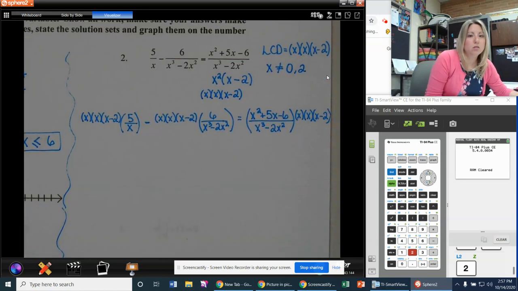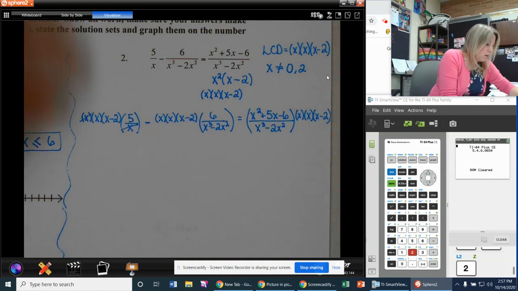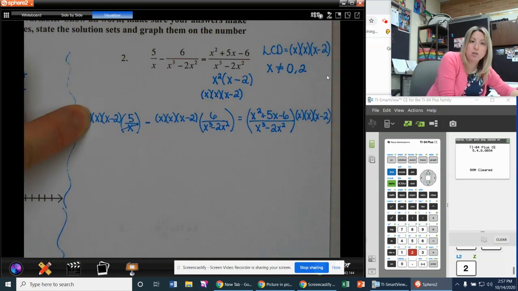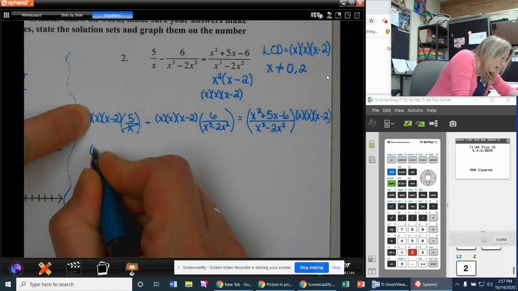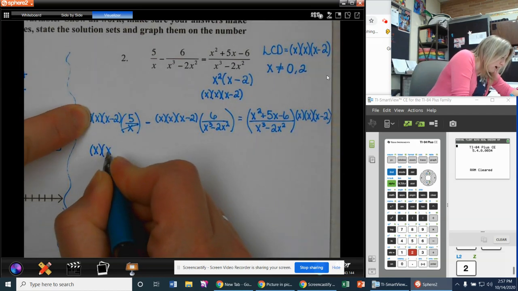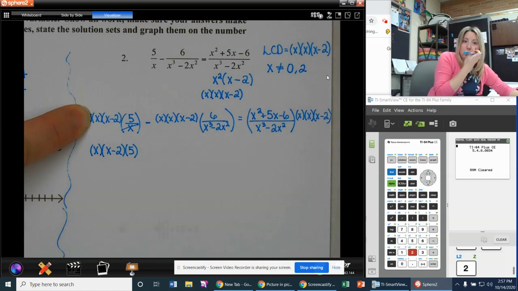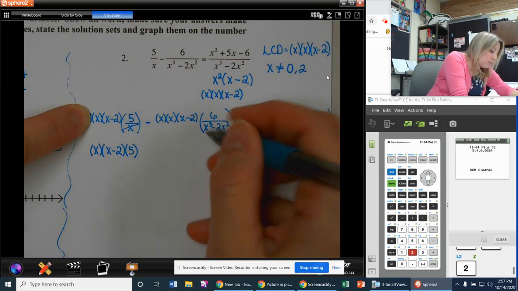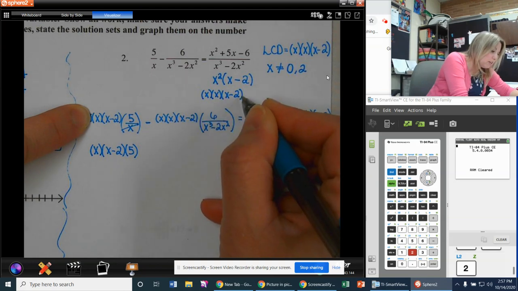All right, x can cancel, but all this is left. So you know what I'm going to do to keep my life a little bit easier? I am just going to bring it all down to the next line, and then I will distribute it all on the next round. But that's all that's left, all being multiplied together. Now on this one, this is kind of nice because this whole thing, remember, factored to become this, which is my LCD, right?